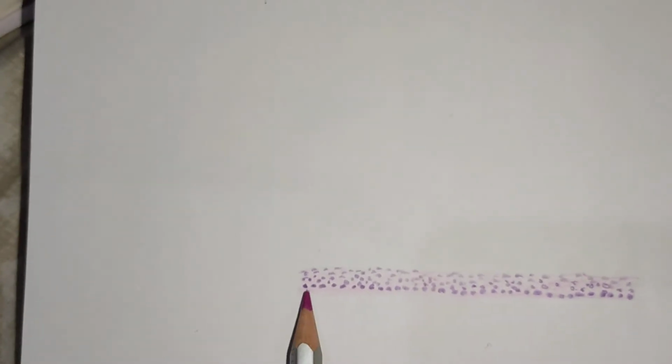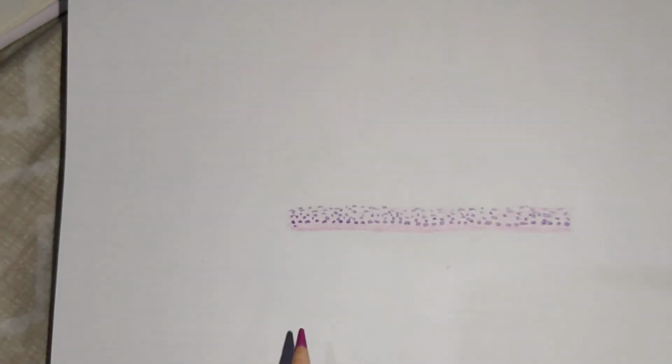Now the basement membrane, that is the Bowman's membrane, the anterior limiting membrane. After this lies the stroma.